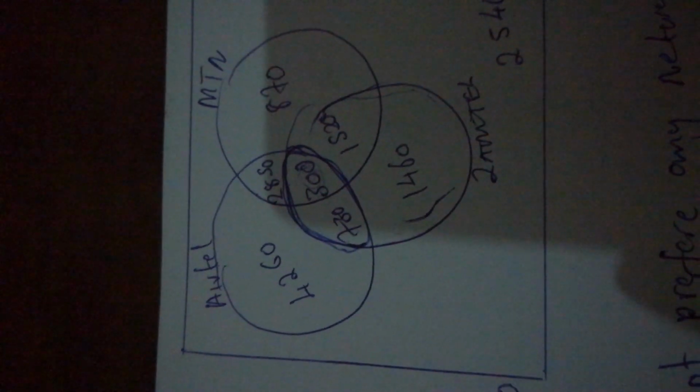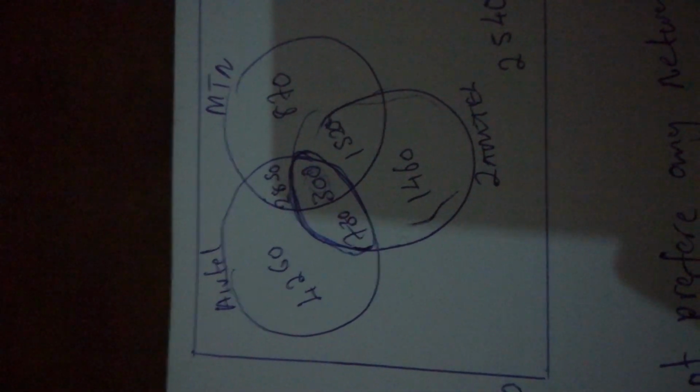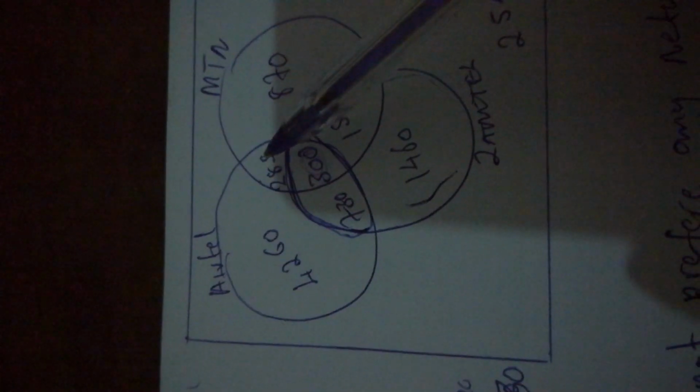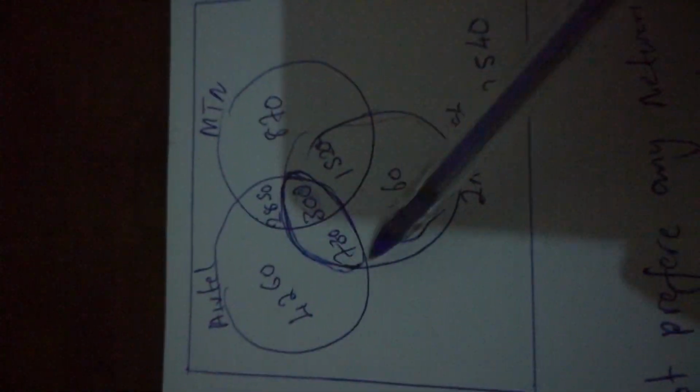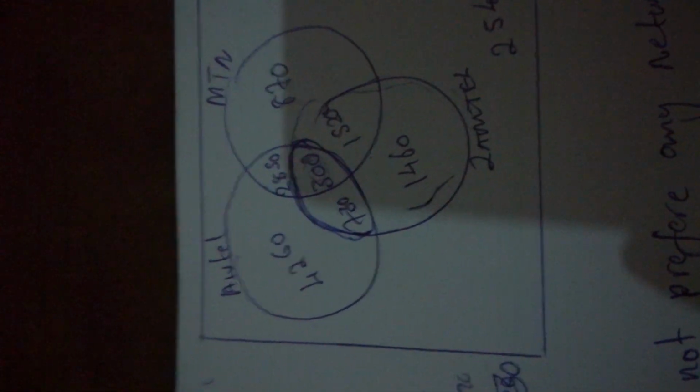Then the last question required us to find the percentage of subscribers who preferred at least 2 networks. At least basically means that the minimum should be 2. So I just find the number of people who used a minimum of 2 networks. On the Venn diagram, the people who used at least 2 networks are the ones in the intersections, because that was the minimum, including those who used more.